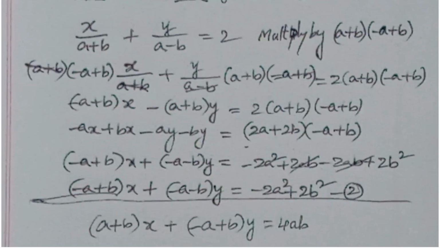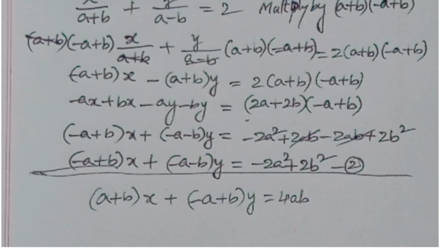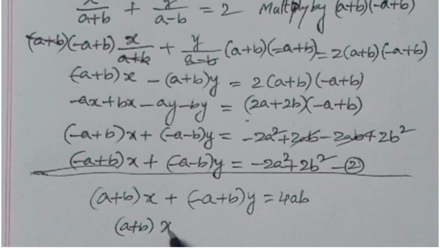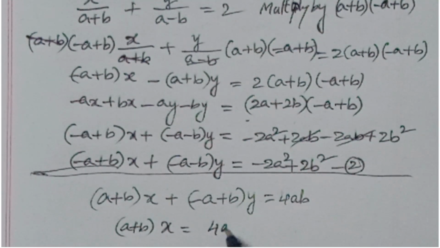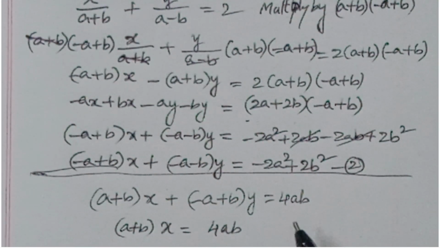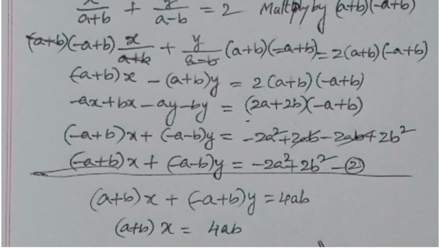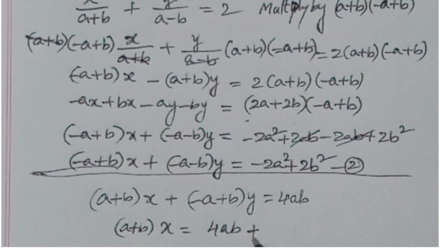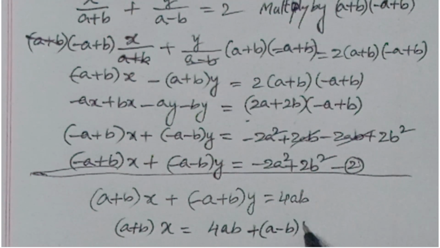This is the first equation you got. Now (a+b)x = 4ab + (a-b)y.